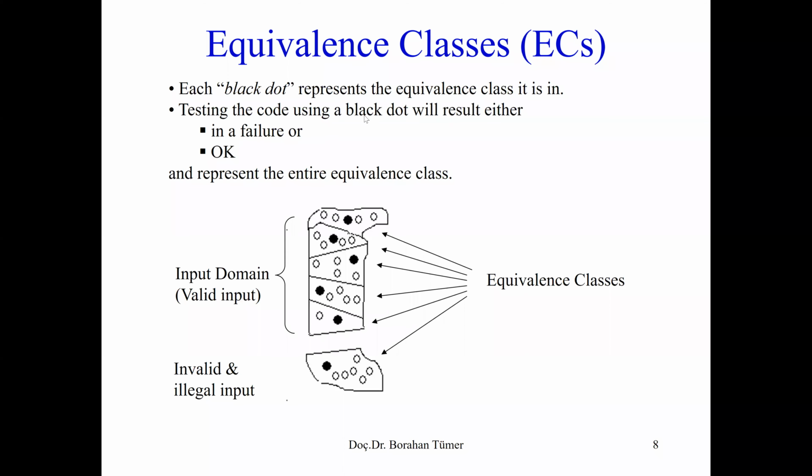Testing the code using a black dot will result either in a failure or it will pass this test and represent theoretically the entire equivalence class. And as you see, of course, we also have a representative input for the invalid or illegal input set. So black dots are representatives.